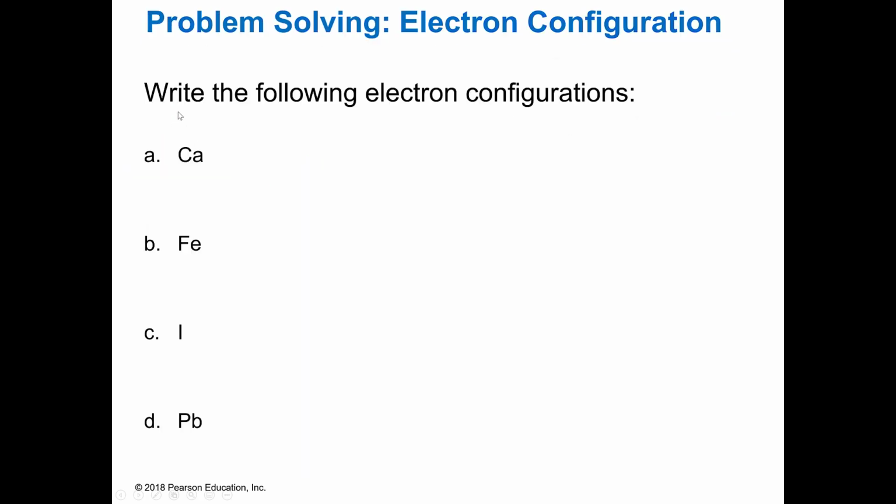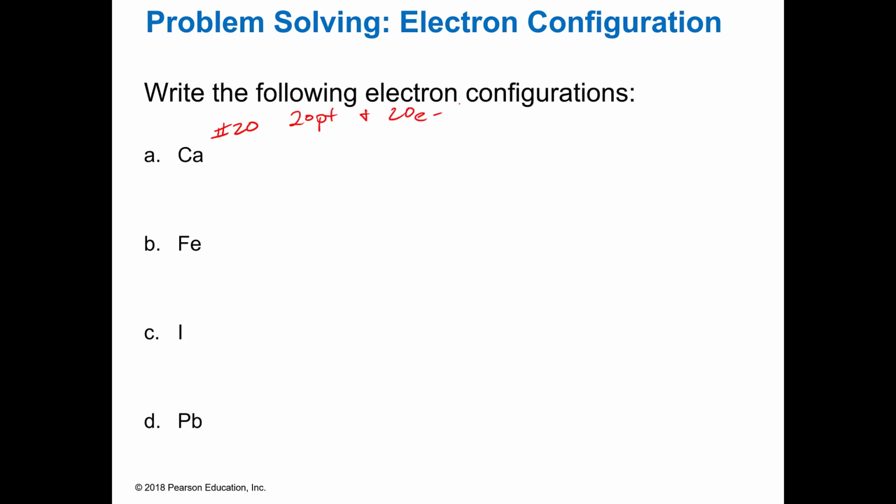Okay, so we're going to do calcium first. Calcium has 20 electrons. How do I know that? Because its number is 20, so that means it has 20 protons and 20 electrons.